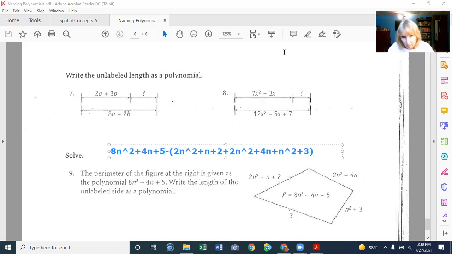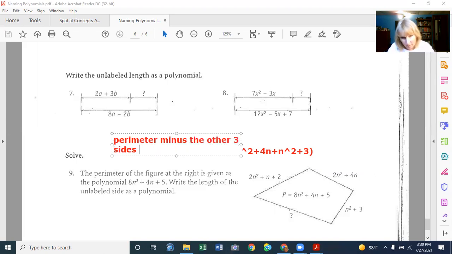Okay, I'll make that all one long sentence there. And maybe I'll change it to red, easier to see. So I'm taking the perimeter, and I'm subtracting, so minus the other 3 sides to get the unknown side.